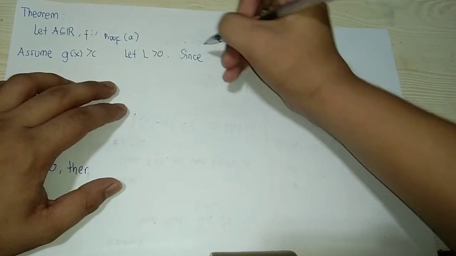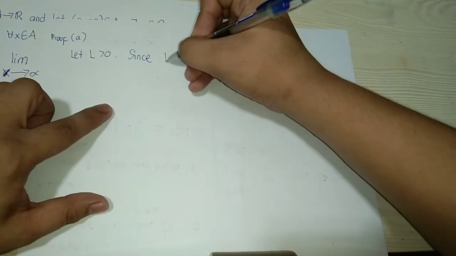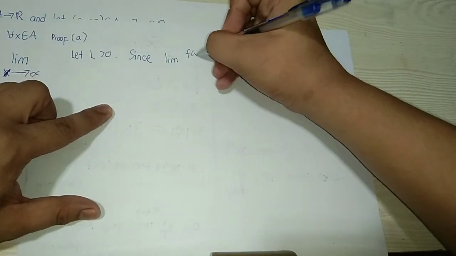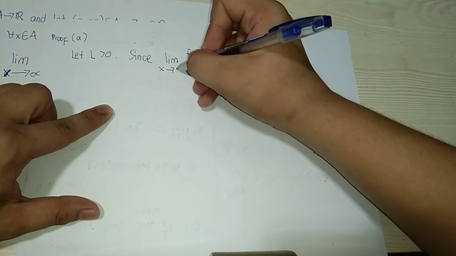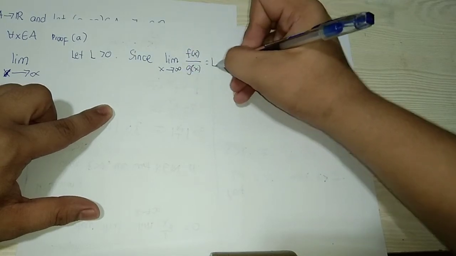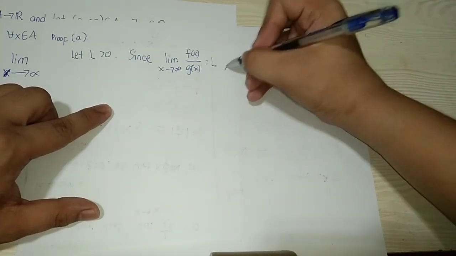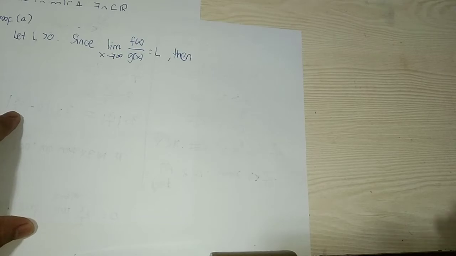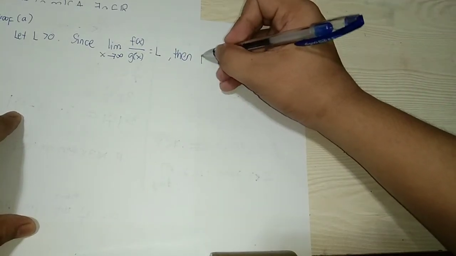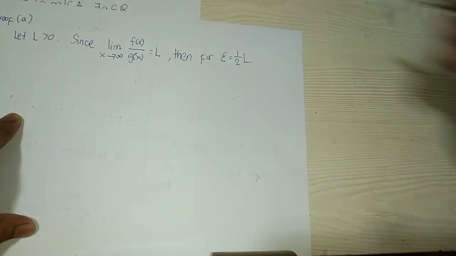Then, according to this, the limit of f of x over g of x as x approaches infinity is L. Then, whatever epsilon we choose, let's give a specific one: epsilon equals 1/2 L, since epsilon is arbitrary.